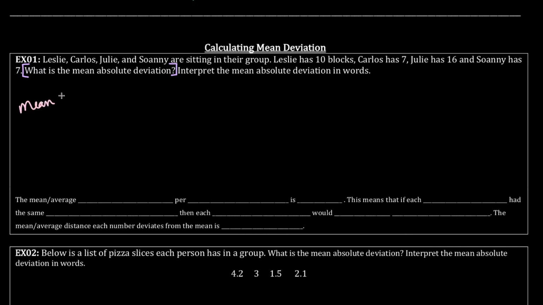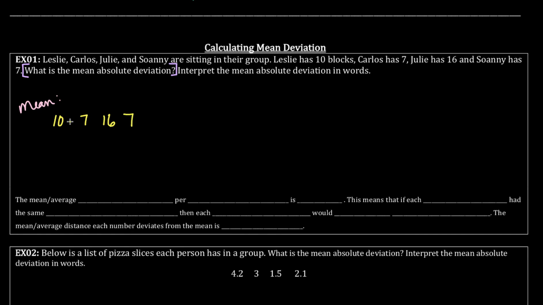I'm going to calculate the mean. So the first thing I should do is add all of those. Well, first I'll write them. We have 10 for Leslie, 7 for Carlos, 16 for Julie, and Tawani has 7.